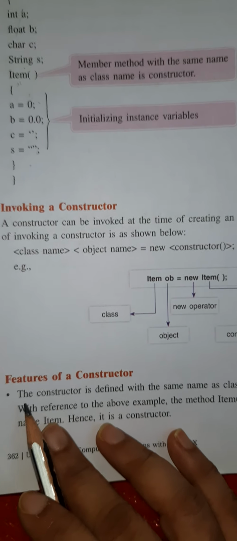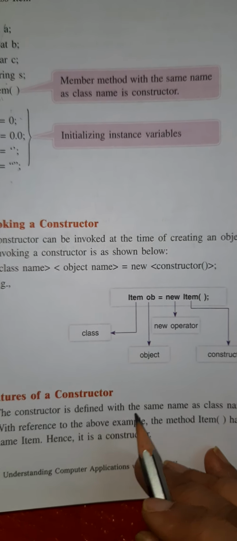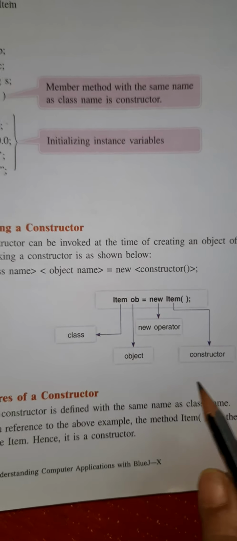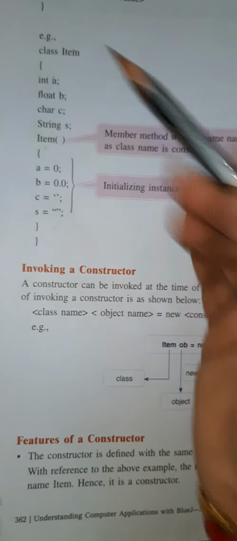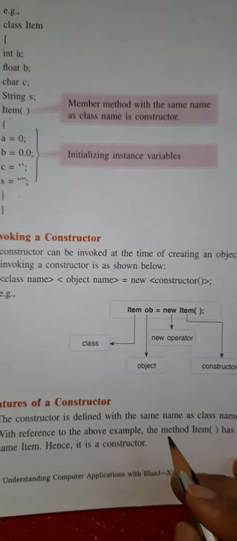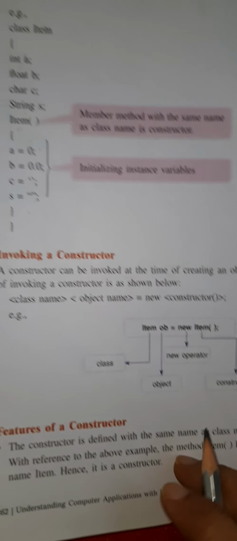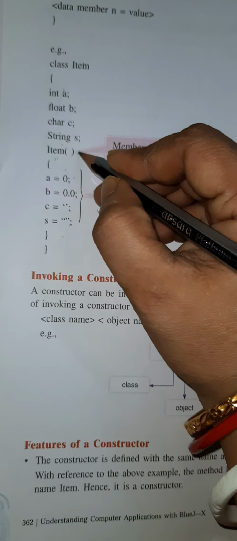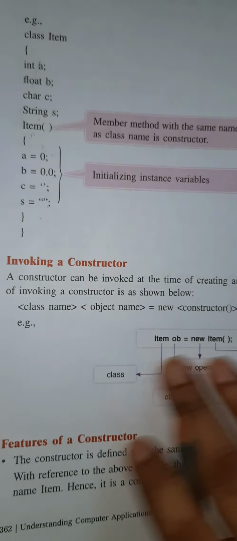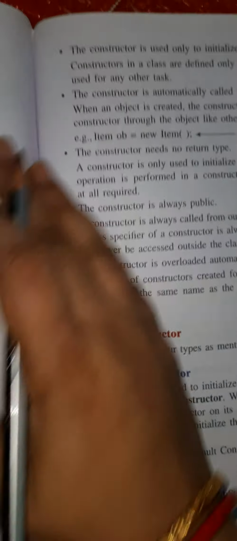So the feature is that the constructor is defined with the same name as the class name. With reference to an example, the method item has the same name as the class name, hence it is a constructor. When it has the same name as the class name, it is known as a constructor.